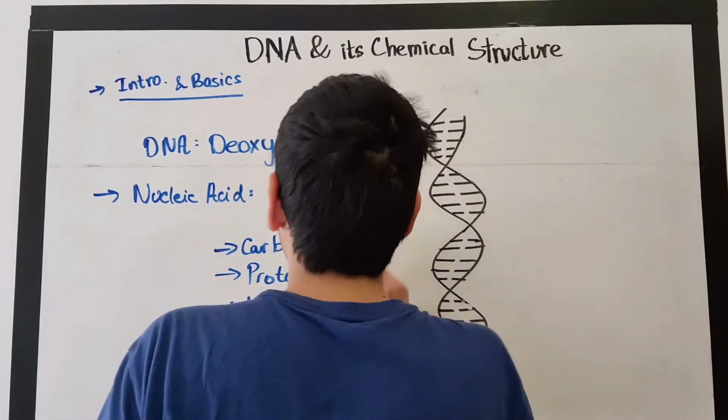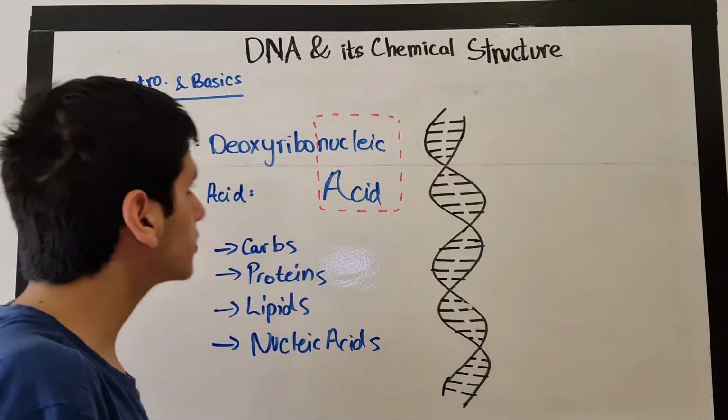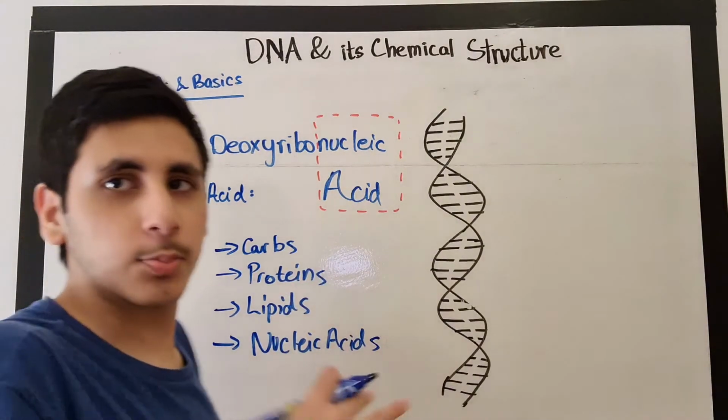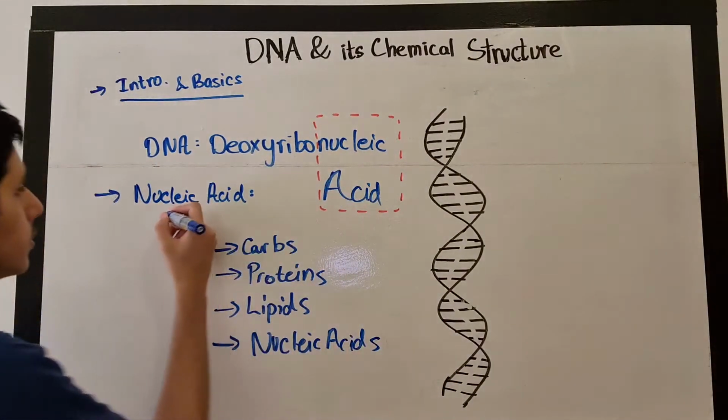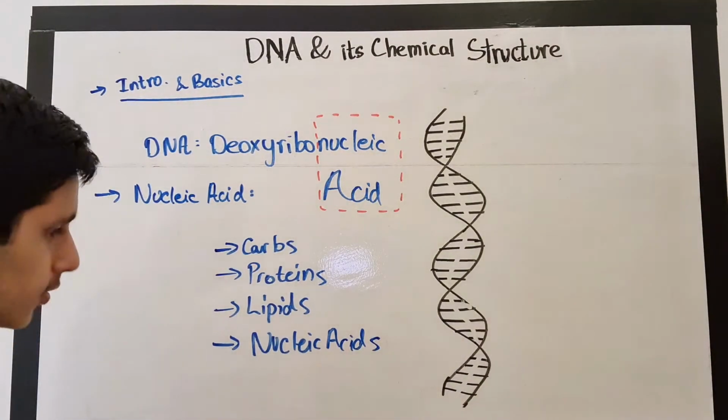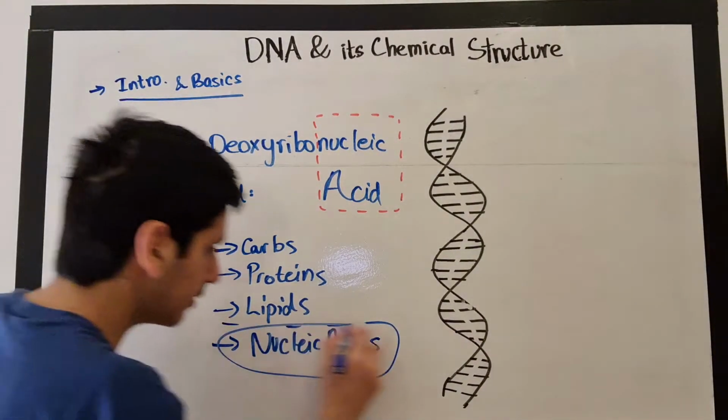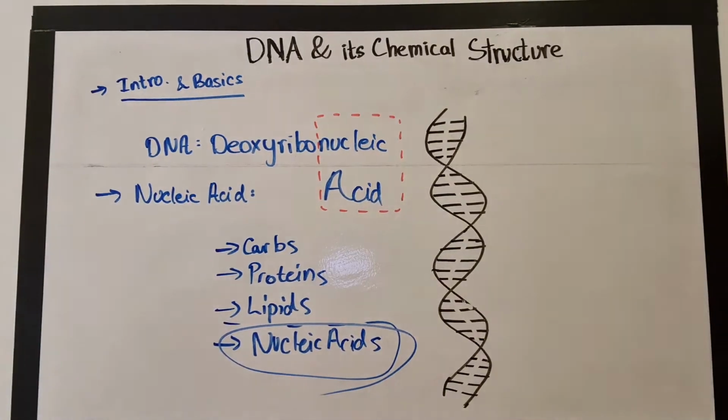So nucleic acid, okay, we know that it is a very essential molecule, and nucleic acid is a polymer of something we call a nucleotide. So I'm just going to erase this.